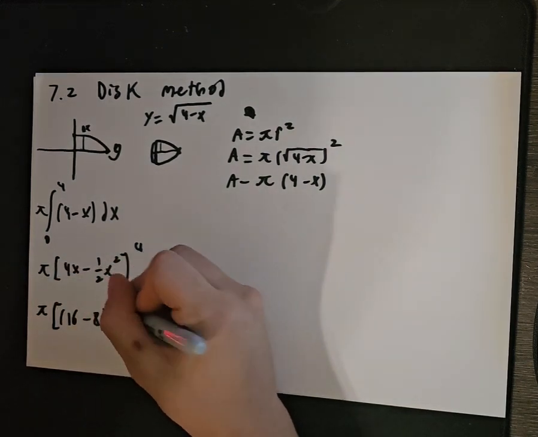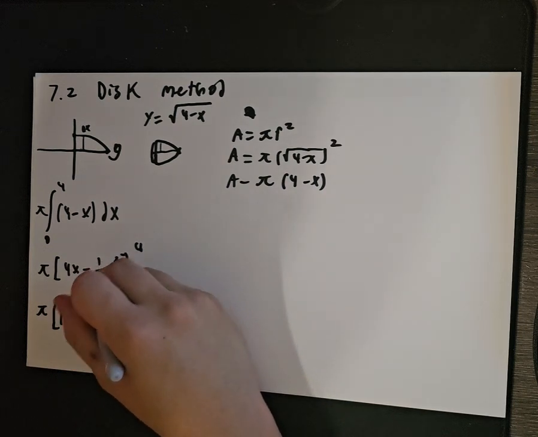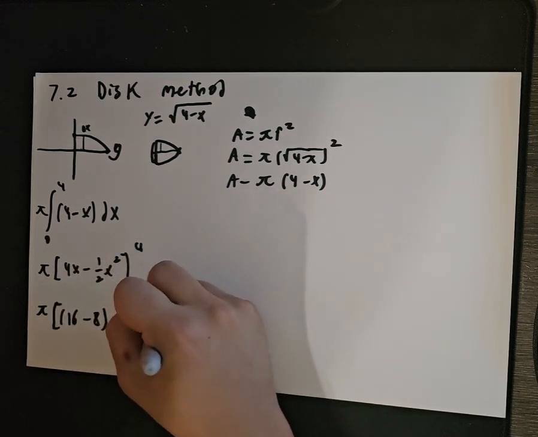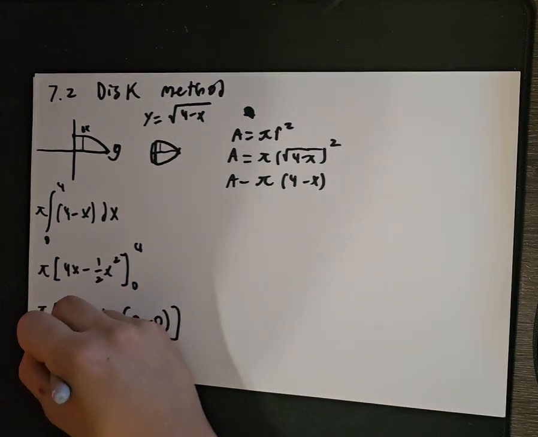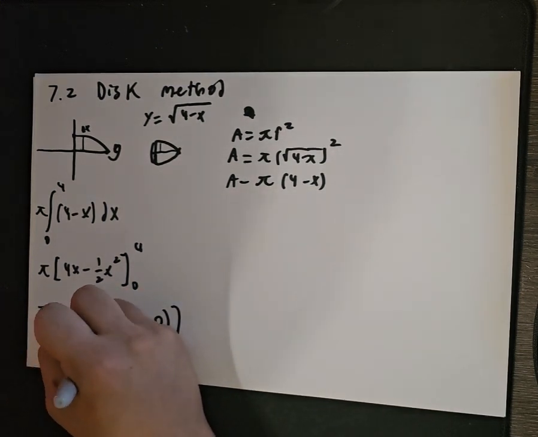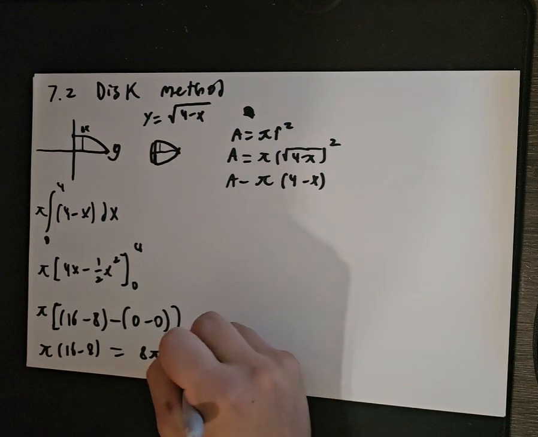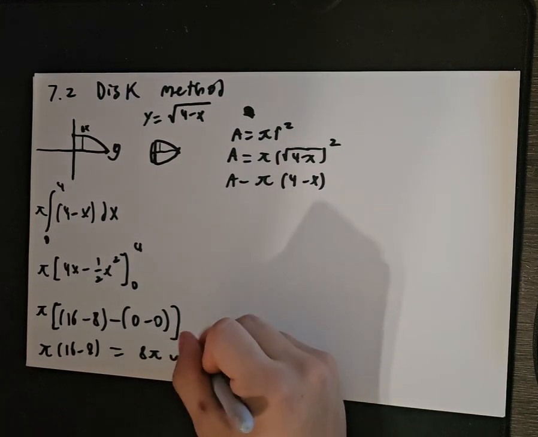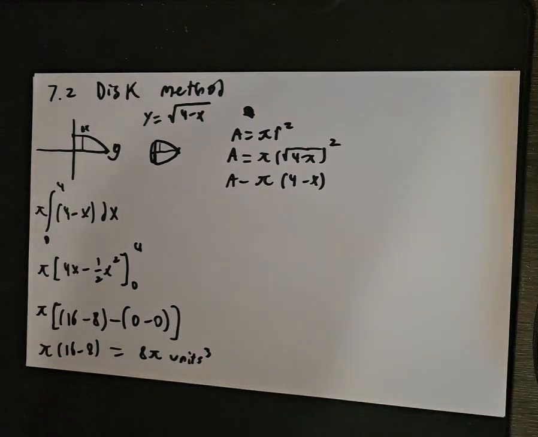Then we subtract 0 times 4, which is 0, so these are both going to go to 0. Simplified, we get pi times 16 minus 8, which is equal to 8 pi units. And since we're finding volume, it is units cubed.